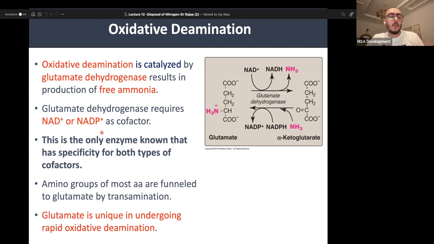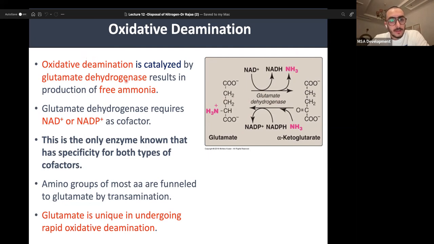NAD or NADP are cofactors that are required for glutamate dehydrogenase to take the ammonium from glutamate and give it to the urea cycle.